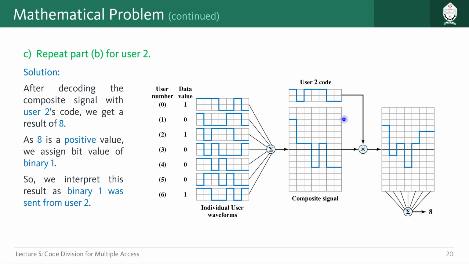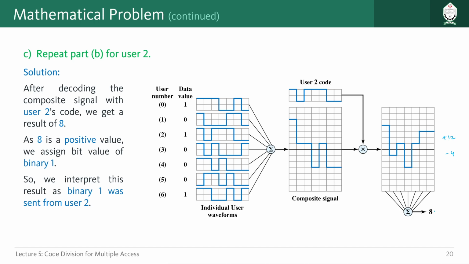So for that, you see, after multiplying, we are getting the composite signal like this one. Then finally we just take the summation from this waveform, I mean the area under the curve, which should be something like this: 1 2 3 4 5 6 7 8 9 10 11 12. So plus 12, and at the bottom we have 1 2 3 4, so minus 4.